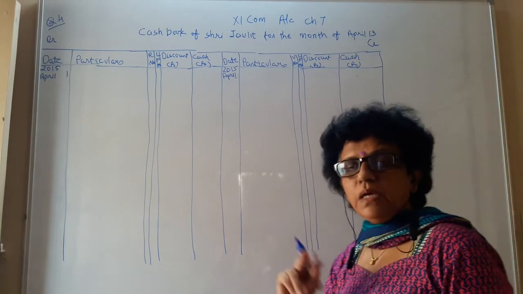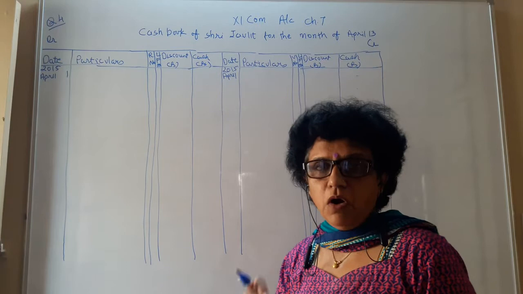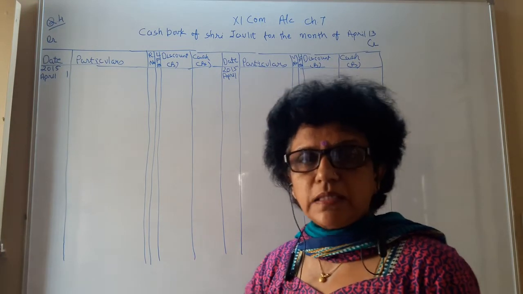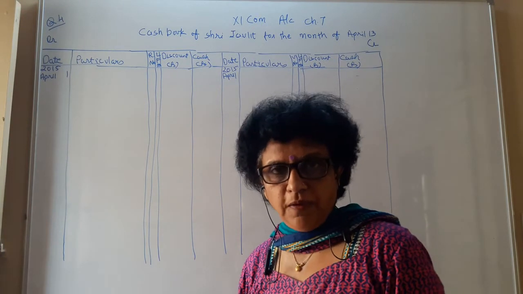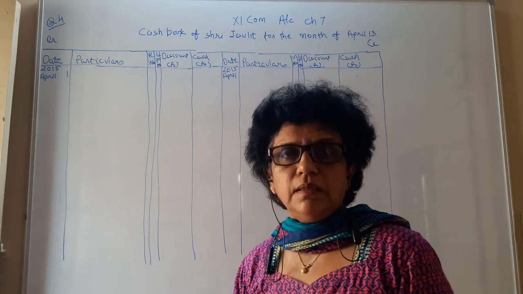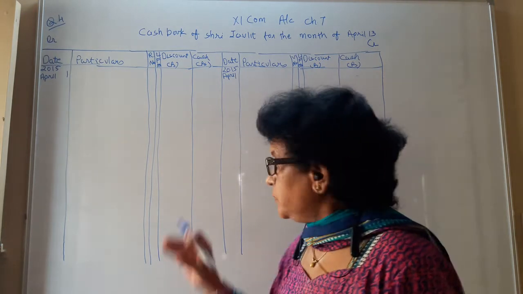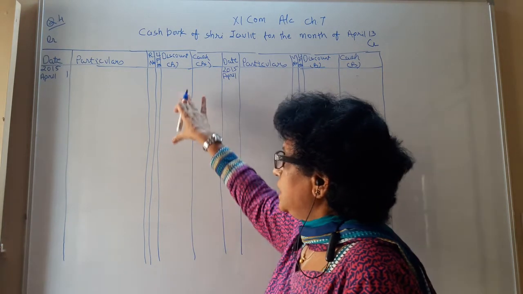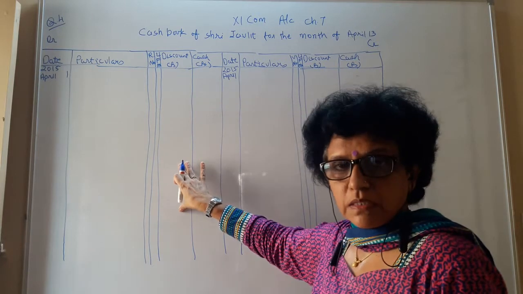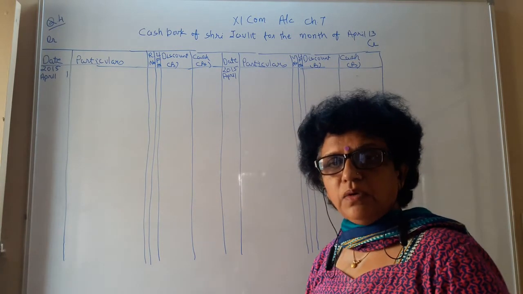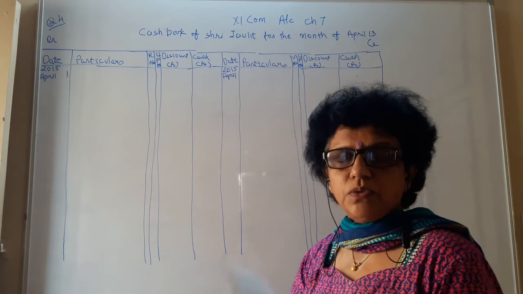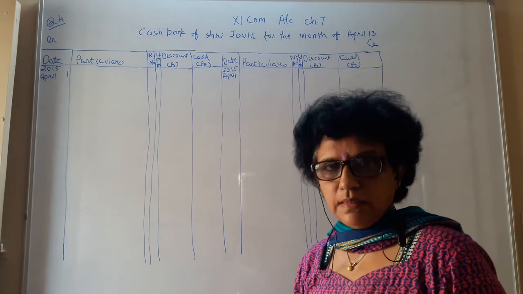And we will prepare the ledger of discount allowed as well as discount received. I hope this is clear in your mind. Now this is the only major change: one discount column, to be recorded only in those transactions in which you have a discount.